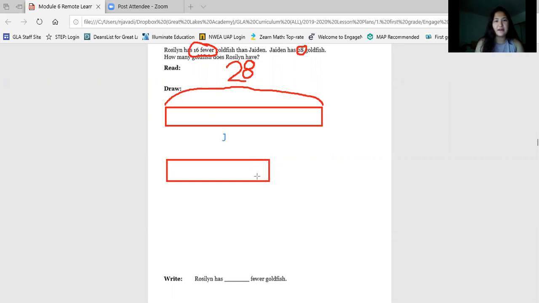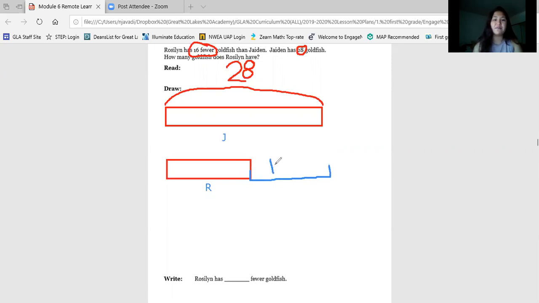It's going to look about like that. Yeah, I would say around there is good. I'm going to label it R with Roslyn. I don't know how many Roslyn has, but I do know that Jaden has 16 more. So whatever Roslyn has, Jaden has 16 more of it.